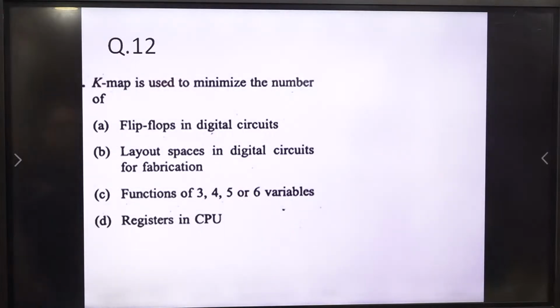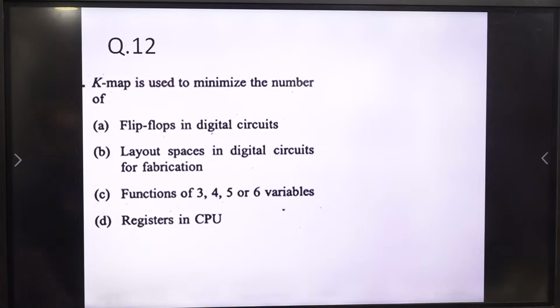So in this case, which answer are you going to give in the exam? Suppose you get this question: K-map is used to minimize the number of what? All of you write your answer.